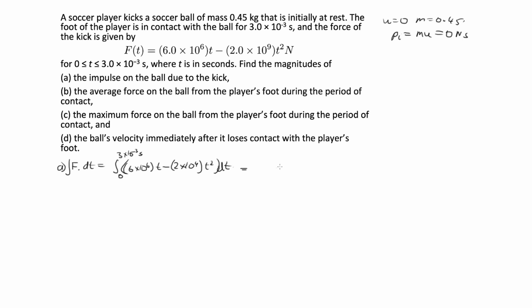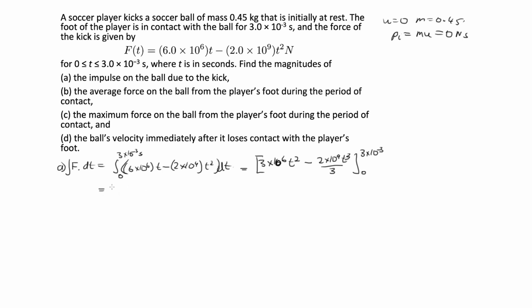So integrating this, we end up with 3 times 10 to the 6 t squared minus 2 times 10 to the 9 t cubed on 3, from 0 to 3 times 10 to the minus 3.